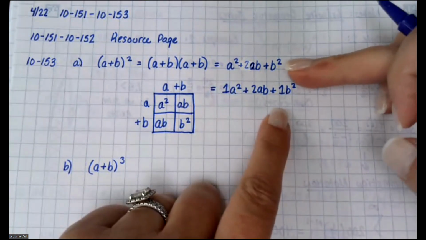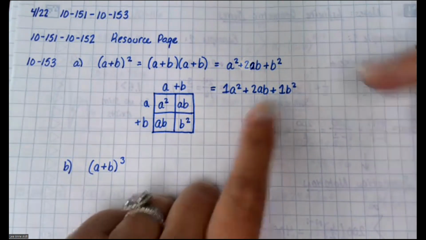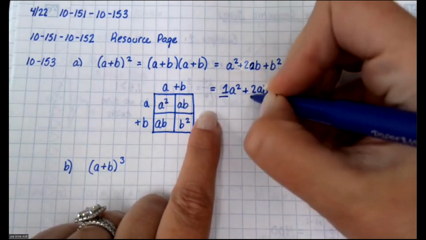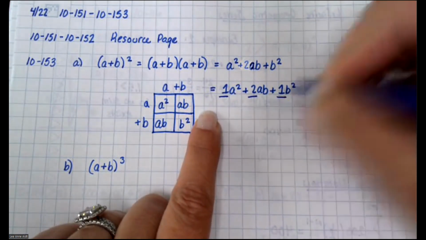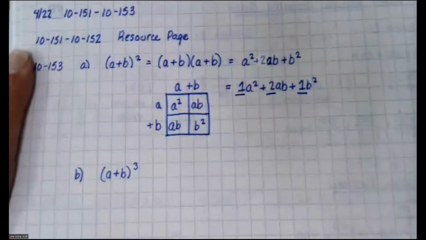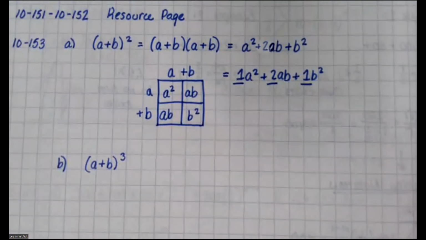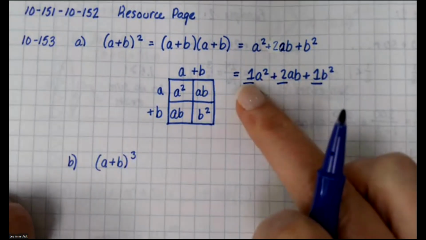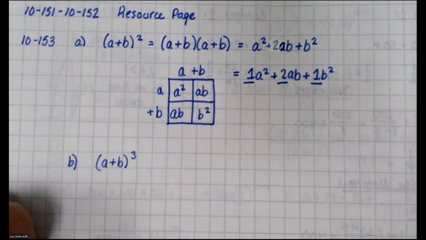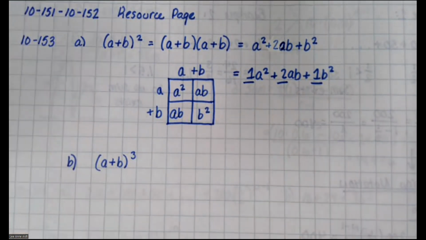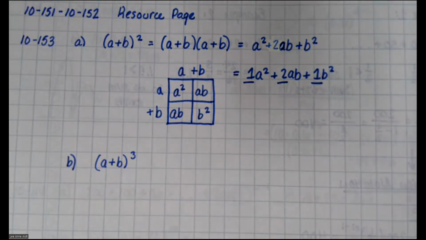This is all good. This problem is done, but I sort of want to step backwards here on purpose. I want you to look at these numbers, and then link that back to the triangle on the resource page. Do you see those numbers?